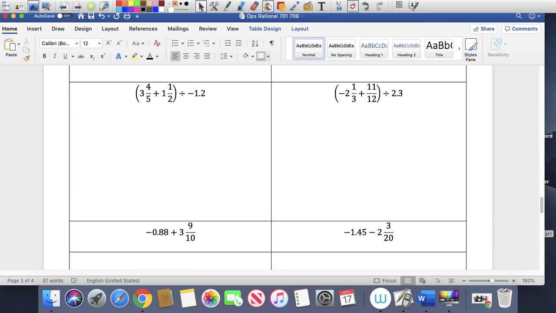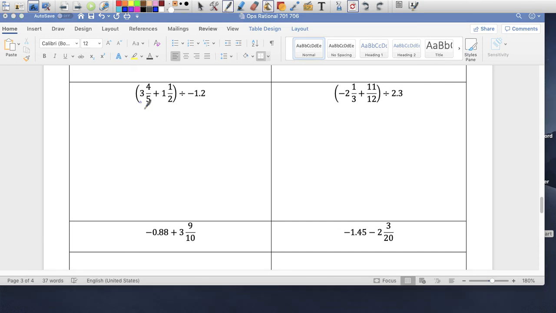Again, so this says let's find the sum of these two first and then divide. So let's do that. Inside here, let's change it to a mixed number. So I'm going to get 5 times 3 is 15 plus 4, 19 over 5, plus 2 times 1 is 2 plus 1 is 3 over 2. So let's focus on that right now and not the rest. So LCM is 10.